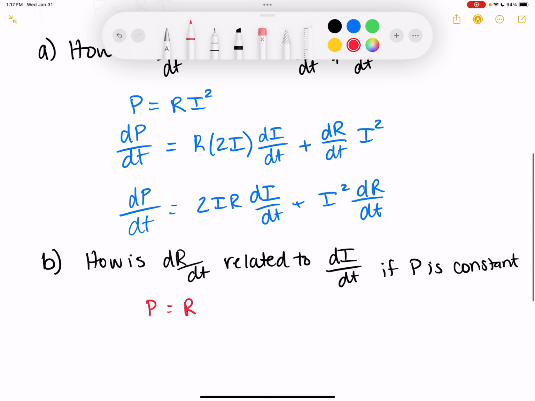So I start with the same equation. So p is constant. So if I take the derivative of p, what is that then? If it's a constant, 0? 0.